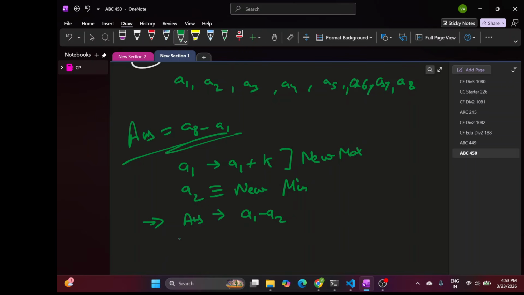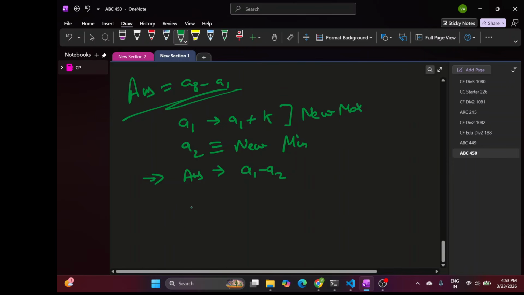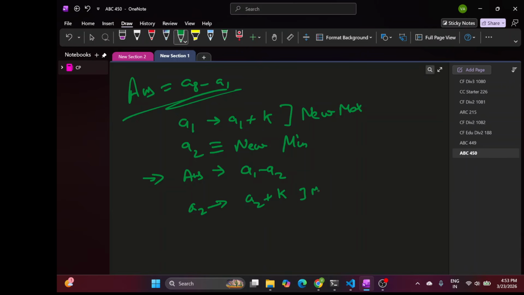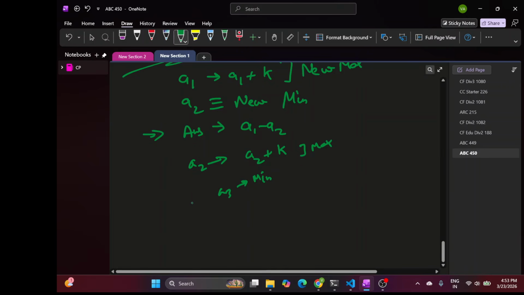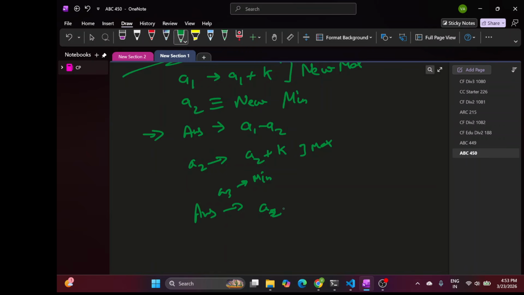And what about the next one? Now let's say we increase a2 similarly. So now a2 is changed to a2 plus k. So this is the max, and now a3 is min. So now our answer is what? a2 plus k minus a3, right?